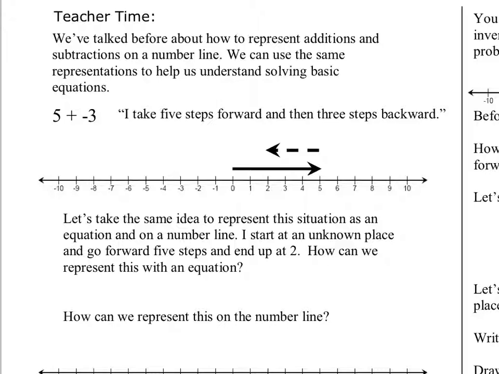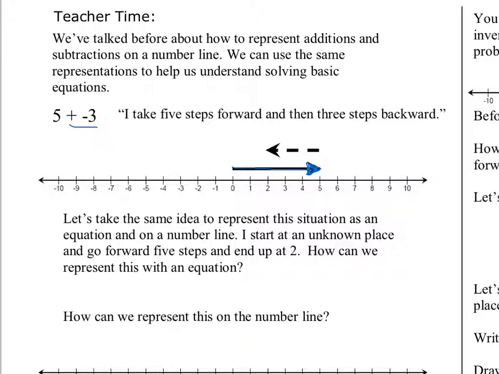So previously you have been taught how to represent additions on a number line. So what we see here is the addition of 5 plus negative 3. We start with an addition of 5. That means we're adding 5. We're moving forward 5 units. So I get this arrow to move forward 5 units.